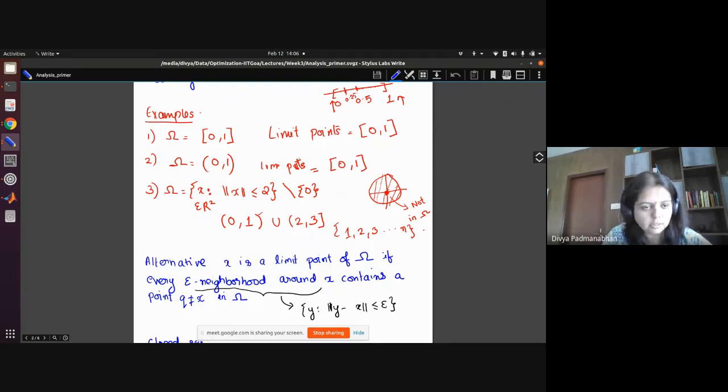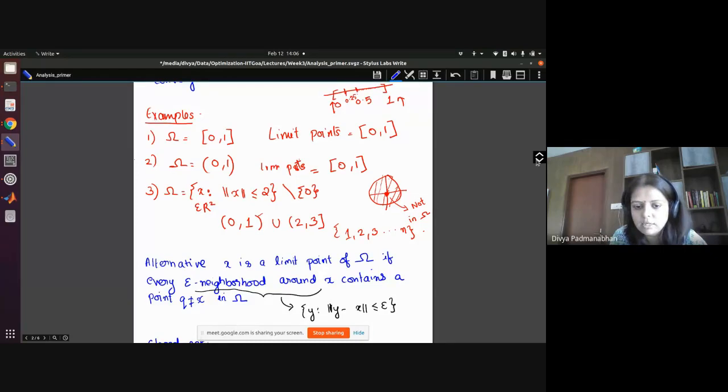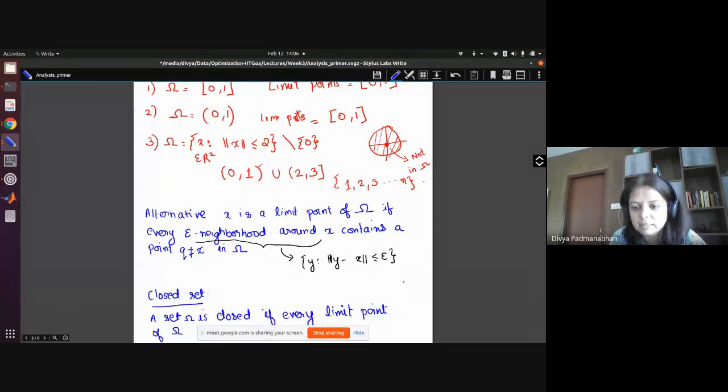So let me just draw this. What this means is that you take a point x, which is a limit point, and suppose this is the set omega. Any neighborhood you take, suppose I'm taking this neighborhood. Remember, a neighborhood is a region around x including all points within a distance of some epsilon.